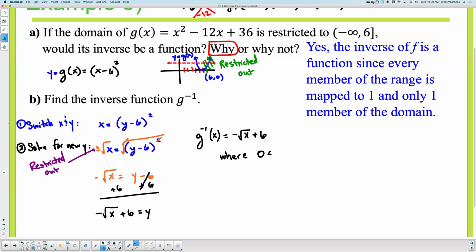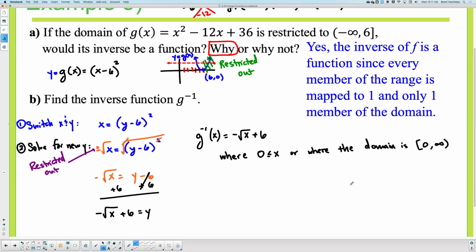So you could say 0 is less than or equal to x. You don't have to include the infinity when you do inequalities, because if x is greater than 0, you don't need to write infinity. There's no upper limit. It goes on forever. Or you could say the domain is 0 to infinity.